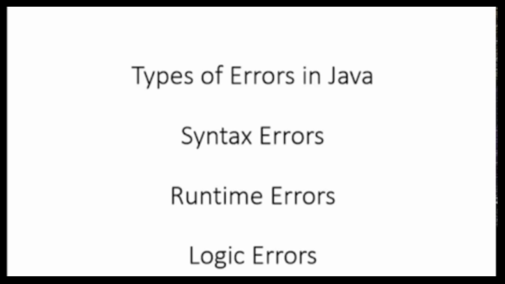If we make any grammatical mistakes or any violation in a programming portion, at that time the syntax errors will be shown on the computer screen. A program will not compile until all syntax errors are corrected.